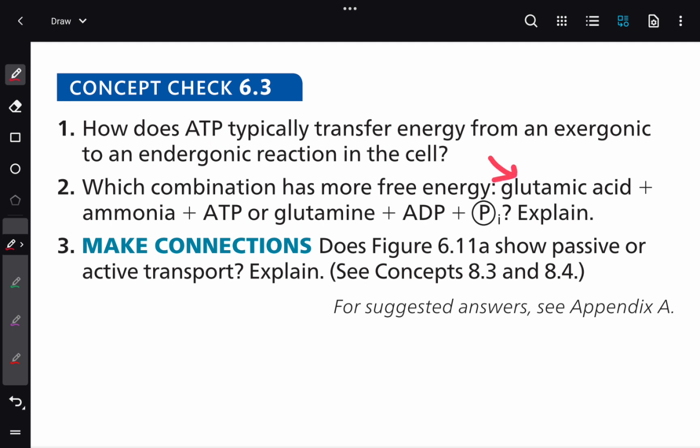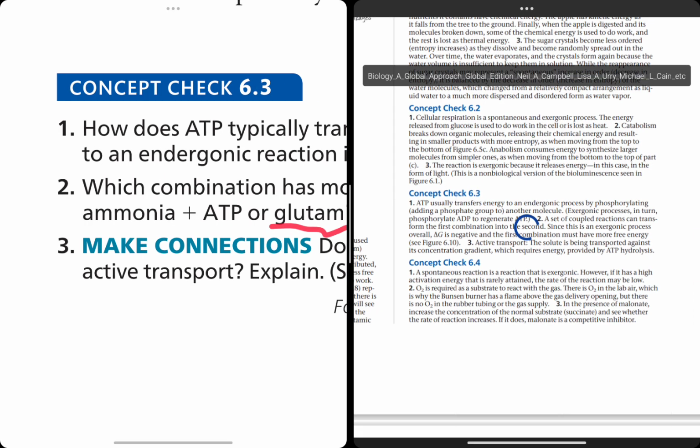Overall, this is an exergonic reaction, meaning it will result in a minus. So this has more. Which combination? I would say that the end result has more free energy because it's minus, but let's just look at it.